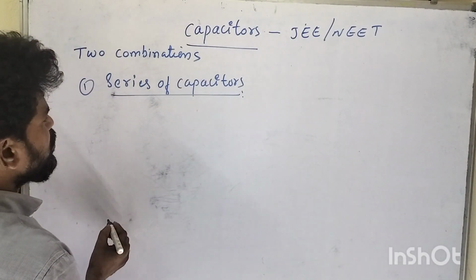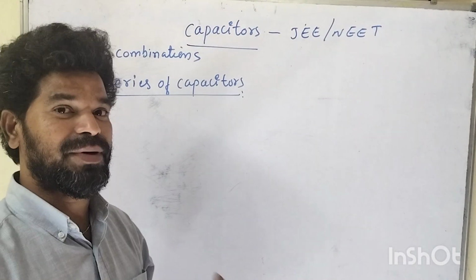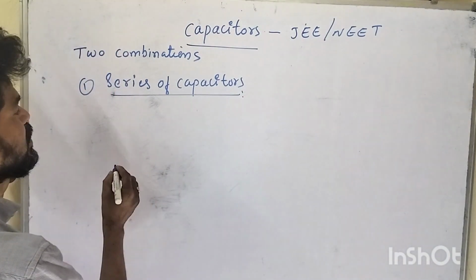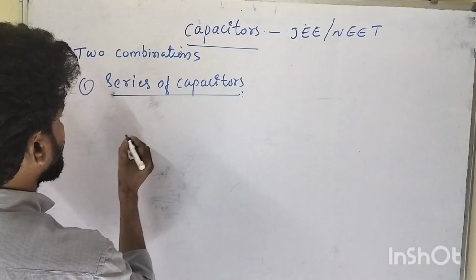Series combination means a combination of capacitors in which the charge is constant and the potential varies.